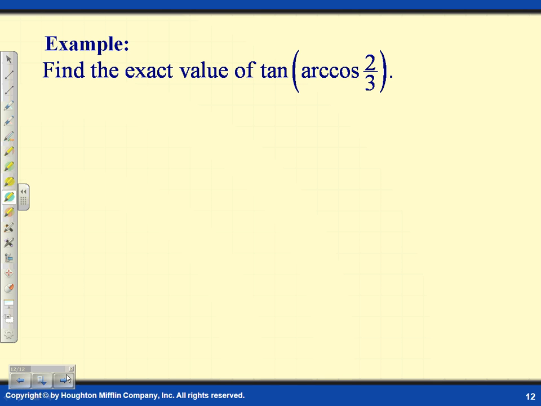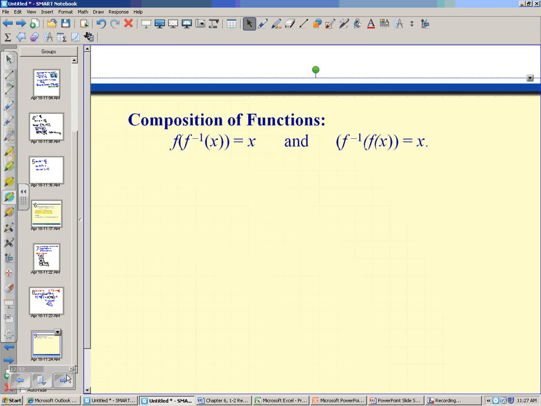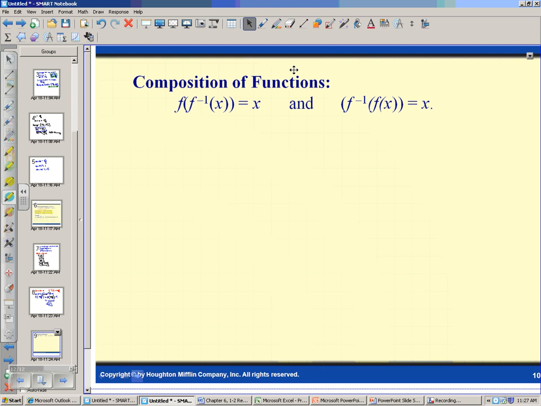This one is a beautiful problem. It gives you a great example of the tangent of the arc cosine of 2/3. Now, I'm going to do this on the smartboard because I think this is going to kind of blow your mind. Those don't cancel, do they? Since those do not cancel, you have to try to make it cancel.